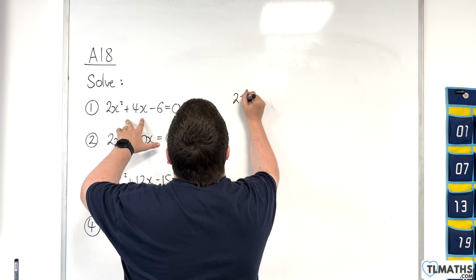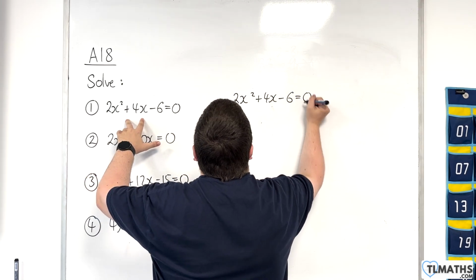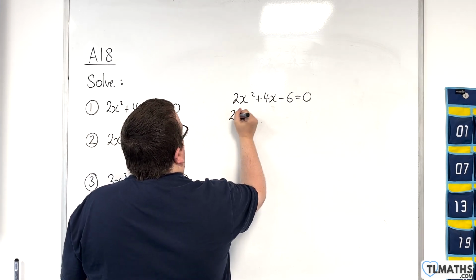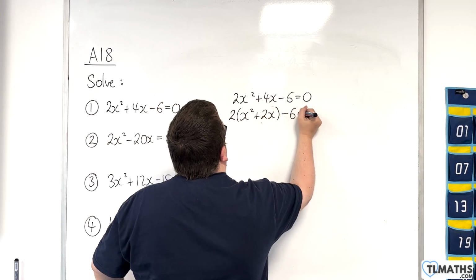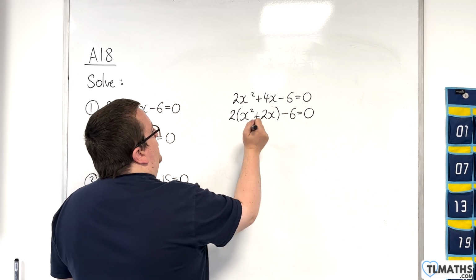So first one, 2x squared plus 4x take away 6 is equal to 0. So the first thing that we're going to do is factor the 2 out of the first two terms, so x squared plus 2x take away 6 equals 0. Then complete the square on what's inside the bracket.